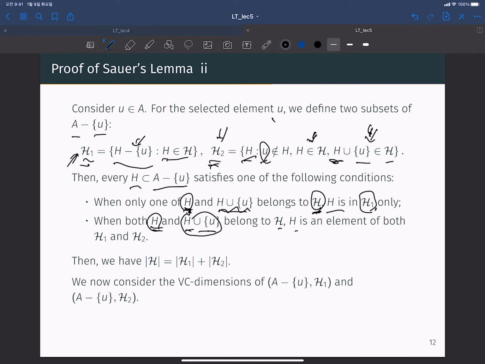Then we have the cardinality of H equal to the cardinality of H1 plus the cardinality of H2, because there is the H1 set and there is some H2 set, right? This is the case: H and H union U belong to H.